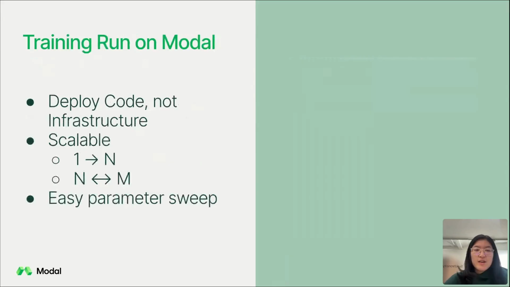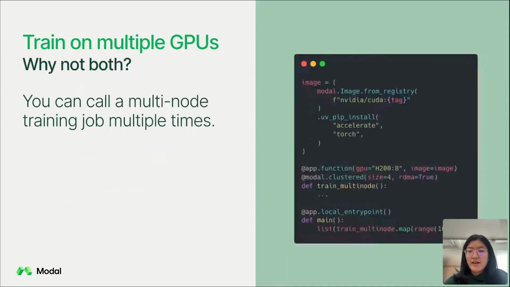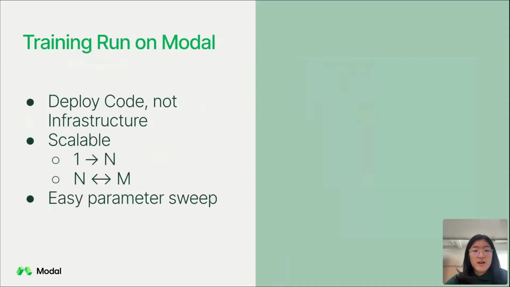Okay, so to recap, to do a training run on Modal, instead of SSHing into instances, the primitive we recommend is deploying your code. Because you can fan out this way, you can do parameter sweeping across all of your different configurations. You can go from 0 training runs to suddenly many running in parallel, and you can also scale back and forth between various sizes of your training runs.